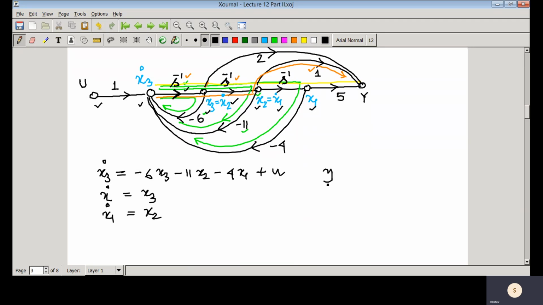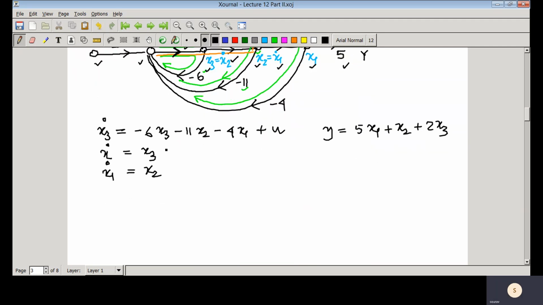And what is your output equation? That output equation y equal to 5x1, then you can see here that is 1 x2, and here you can see that 2 x3. This is that output equation. So if you write these particular set of state system equations in matrix form, what will you get?